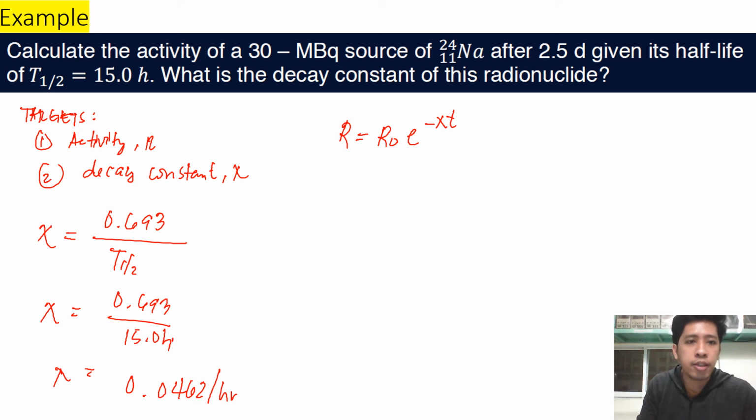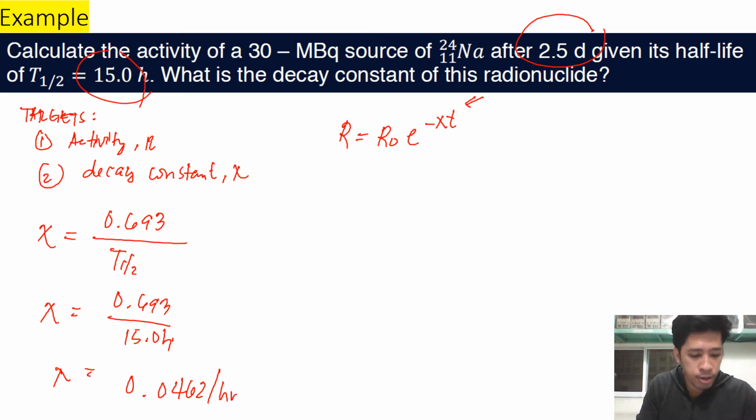But take note here that we're asked for the activity after 2.5 days, and this is different from your half-life, which is given in hours. So it's better if you convert the unit of one of the quantities into the other. So for this case, let's convert your 2.5 days into hours, so that we can cancel your hour term.